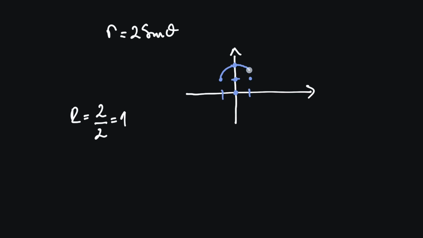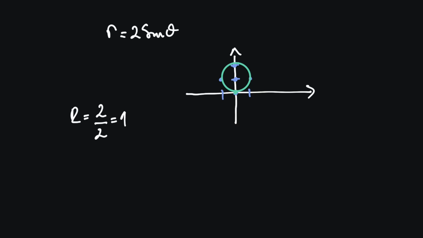So if I try to graph this, I should get around that circle. Let me try to draw it better with a different color. It should be something like this, passing through the pole, remember. So that is my circle. If you use a compass for this, it will be like a perfect circle.